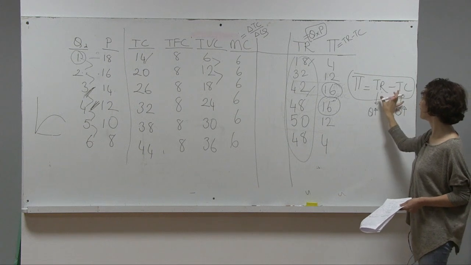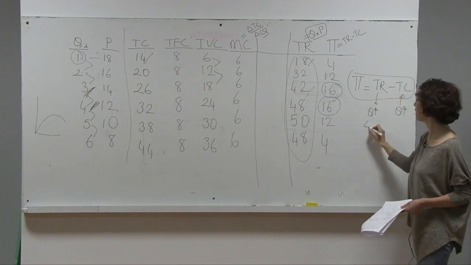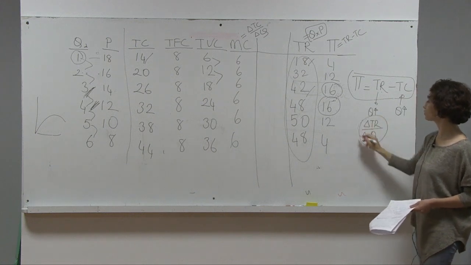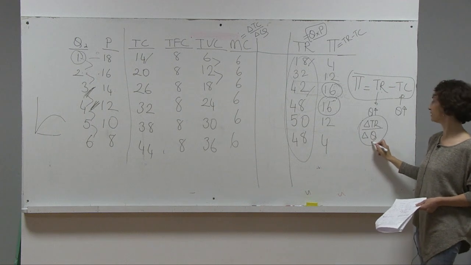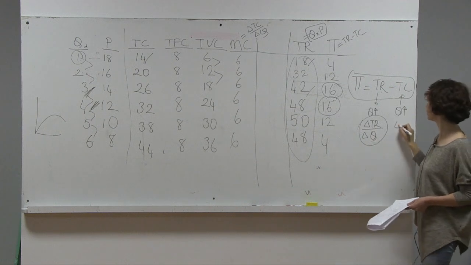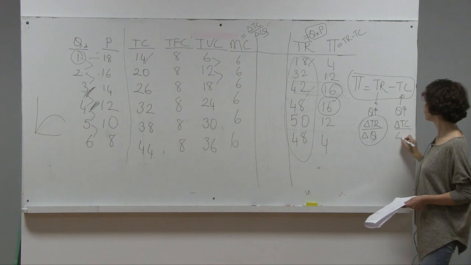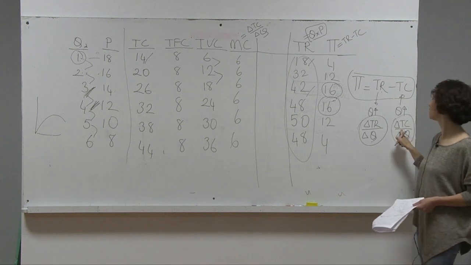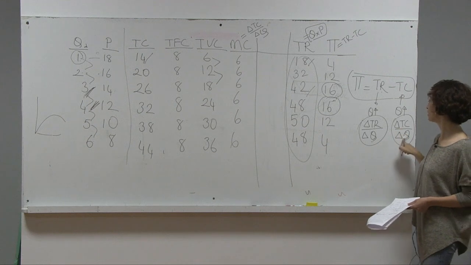So I want to make a comparison between how much total revenue increases in response to an increase in quantity. This is known as marginal revenue. I want to compare this with how much total cost increases in response to a quantity increase.